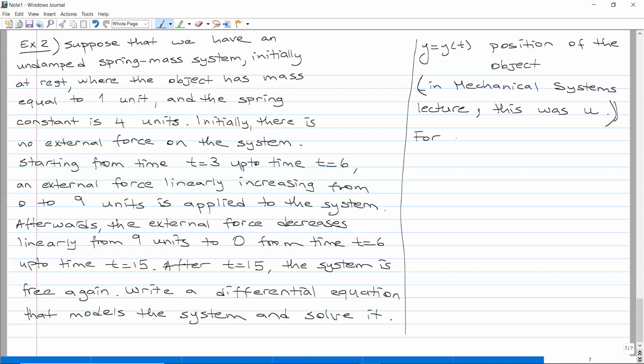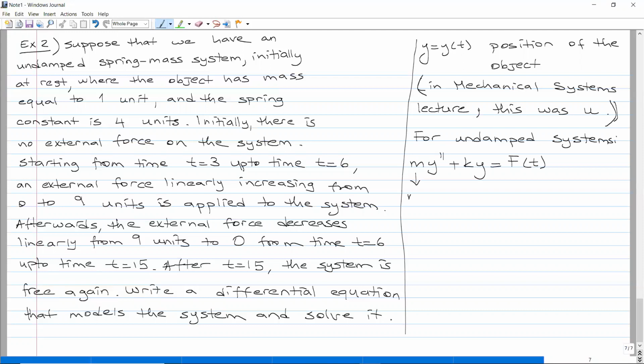Okay, so we have in general for undamped systems, again, you need to go back and check the lecture on mechanical systems. For undamped systems, the equation is m times y double prime plus k times y equals capital F of t.